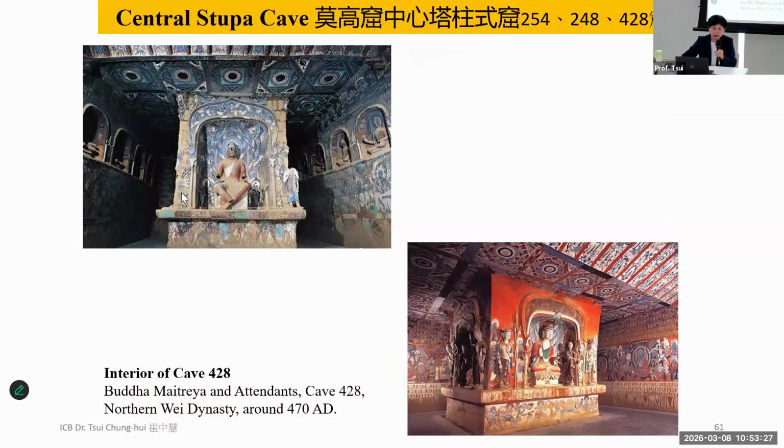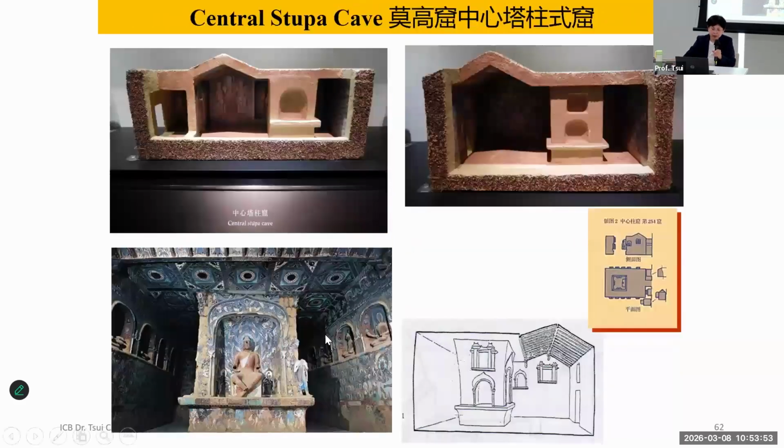And this is a type of the central pillar cave with a central stupa pillar, the transformation from the Chaitya cave from India. So the central pillar was designed with a symbolic meaning as a stupa for worshippers to walk around. And in front of the central pillar, we have the design with a gable ceiling.